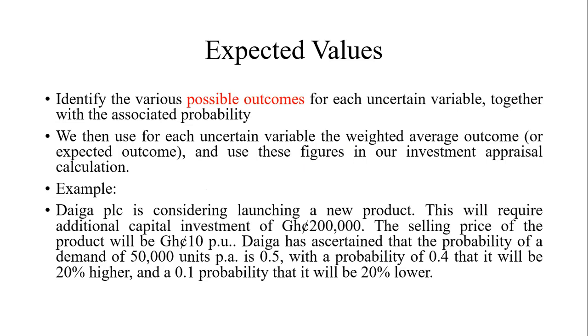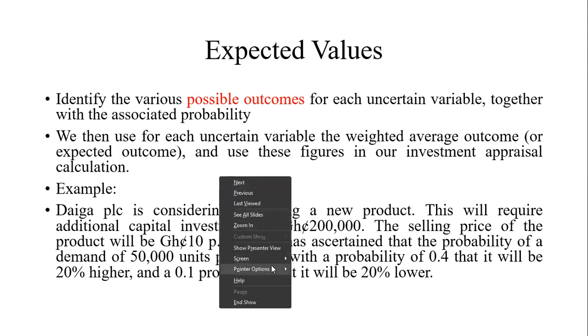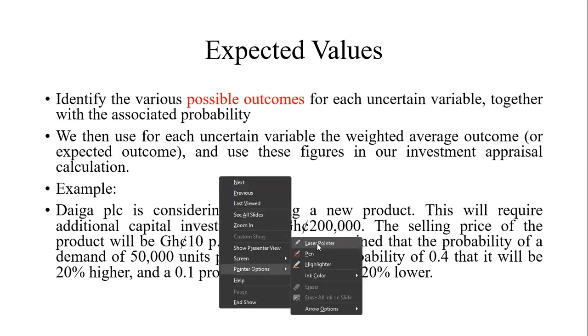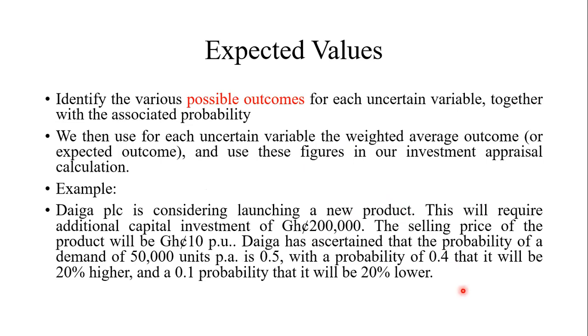Okay. So D PLC is considering launching a new product. This will require additional capital investment of 200,000 Ghana cedis. The selling price of the product will be 10 Ghana cedis per unit.